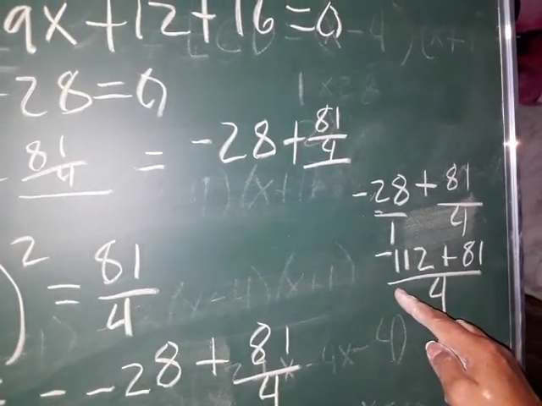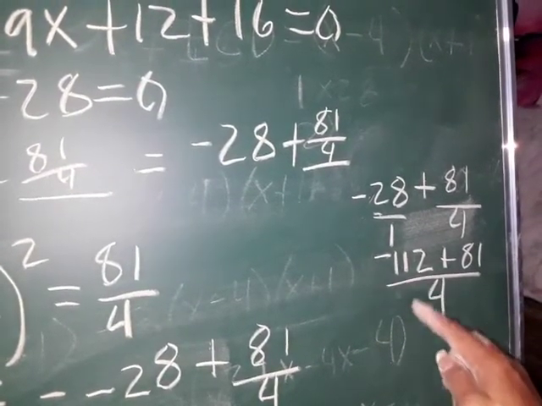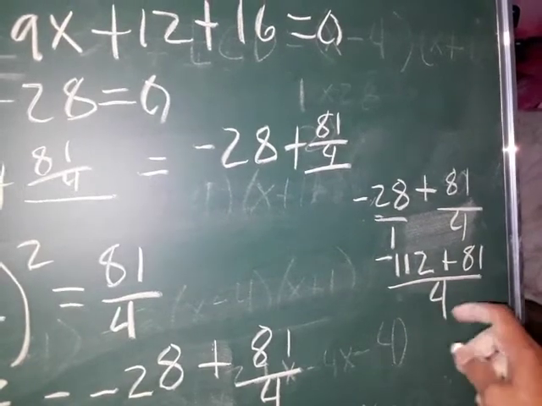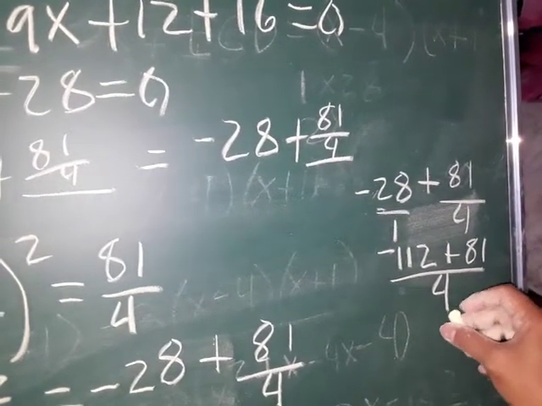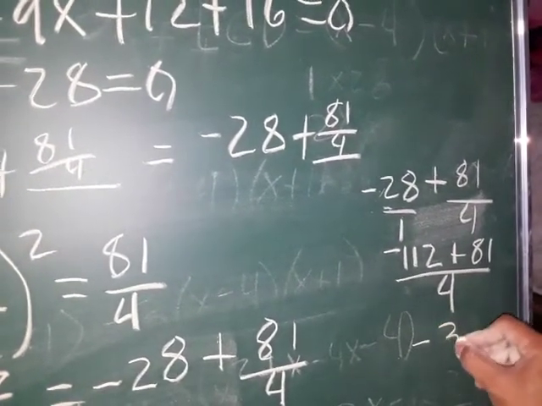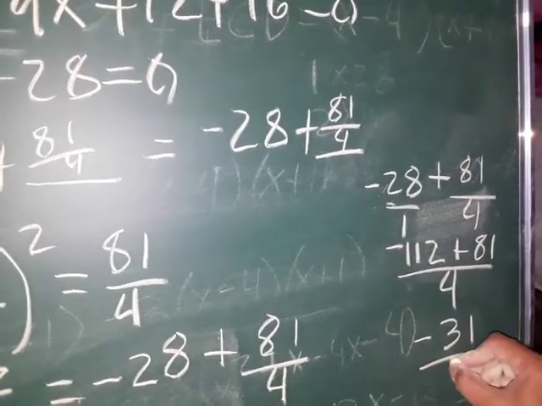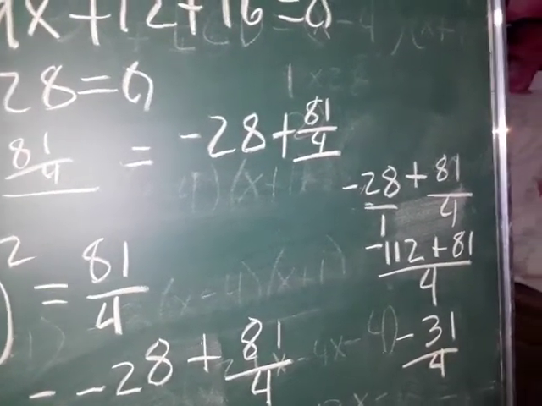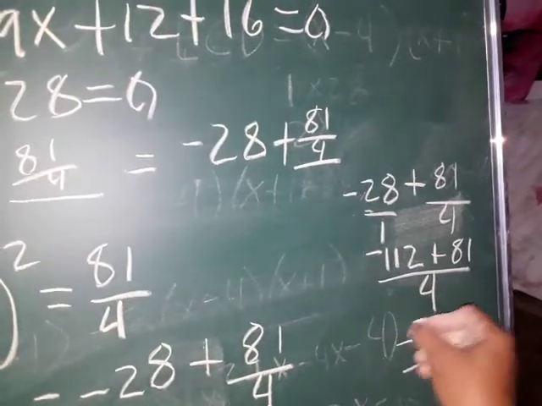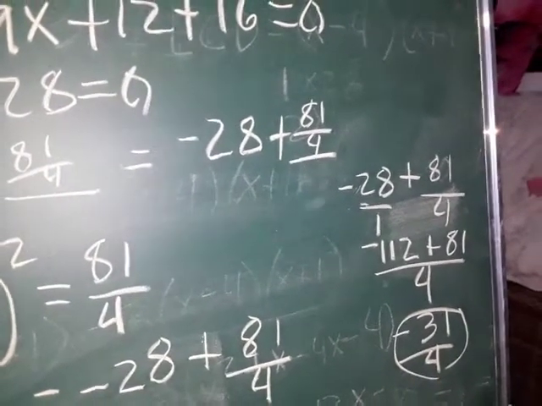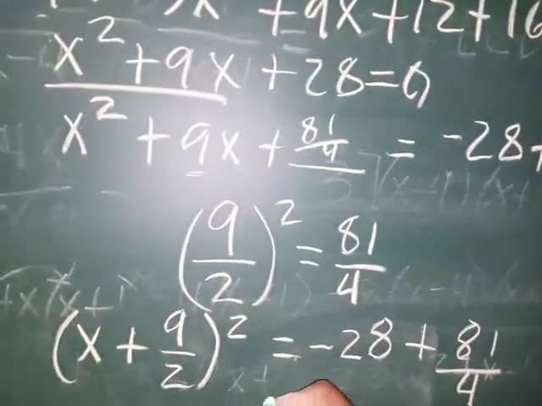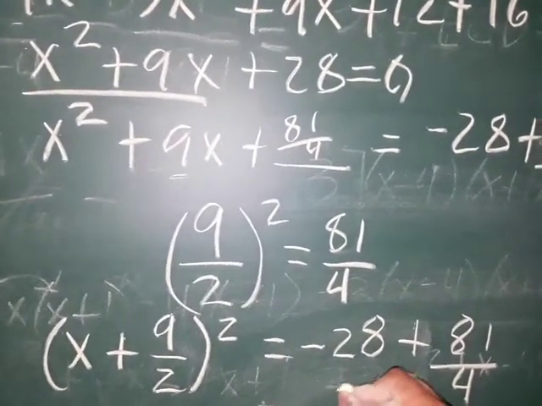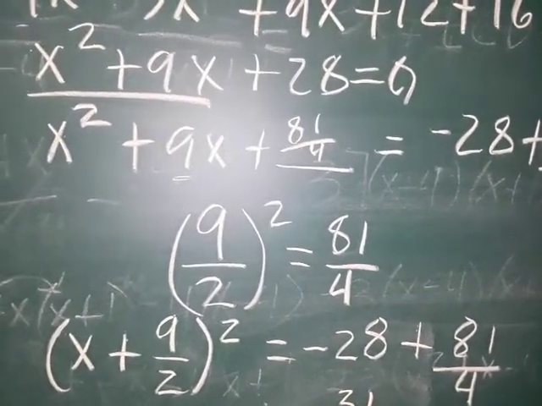So we have now negative 112 plus 81. We have negative 31 over 4. Okay, so that is 31 over 4. We will put now here negative 31 over 4.